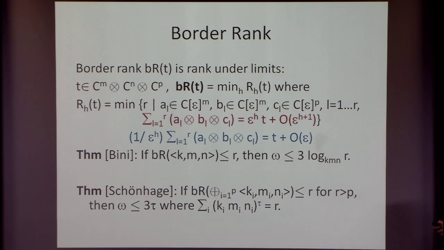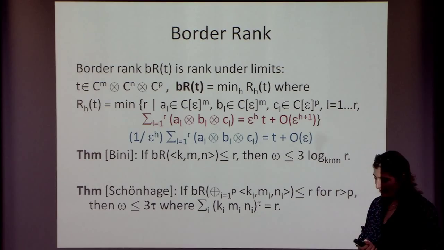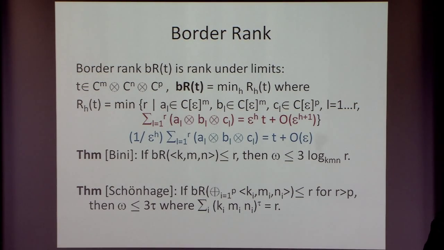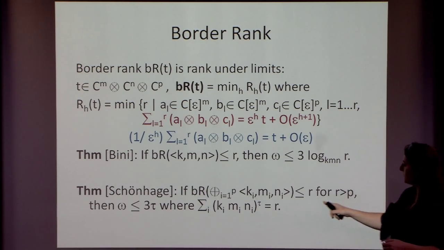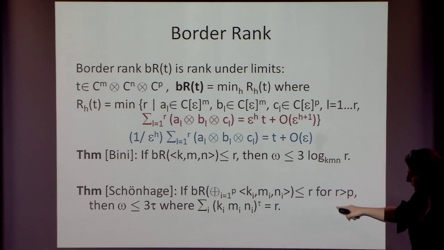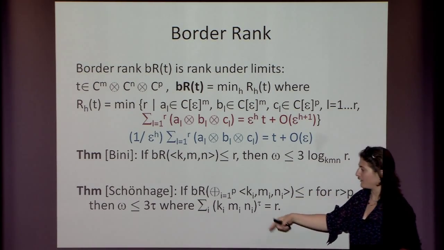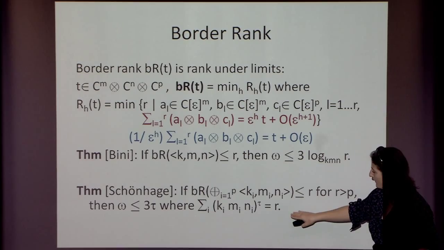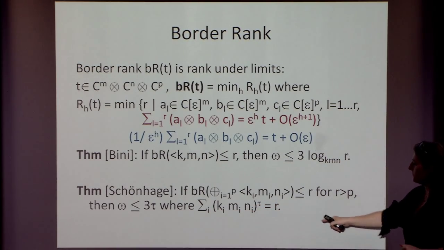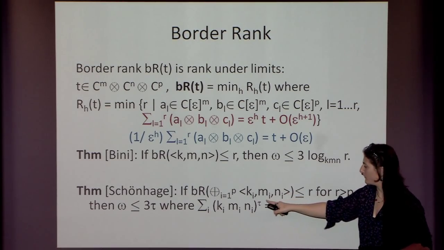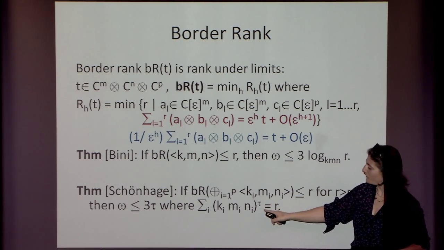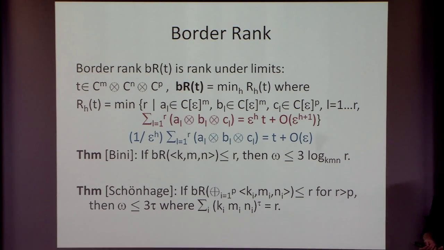And moreover, Schoenhage noticed that, well, suppose I can get a good border rank for a direct sum of matrix products, so a bunch of independent ones. And this border rank could be much smaller than the sum of the individual border ranks for all we know. And in fact, we have examples where it is. Even if we have a bound on the border rank of a direct sum, we can get a bound on omega, which is given by this interesting quantity, which is the product of the dimensions of the matrix product to some value tau, which is roughly omega over 3, summed, and that has to be less than the border rank.